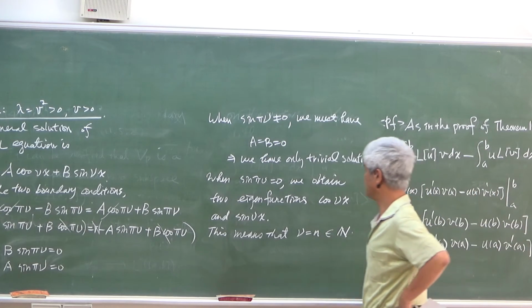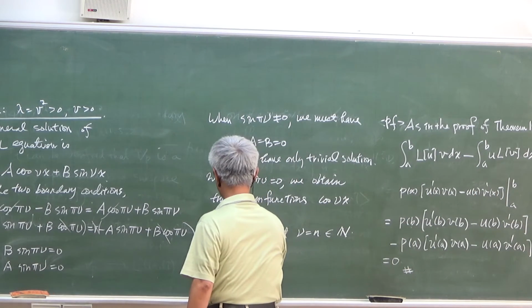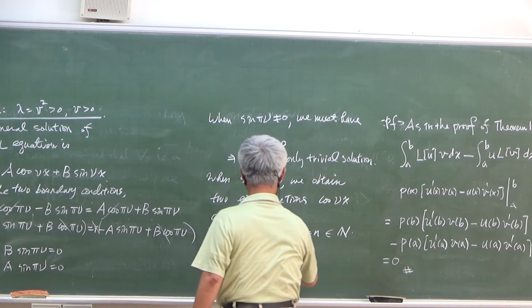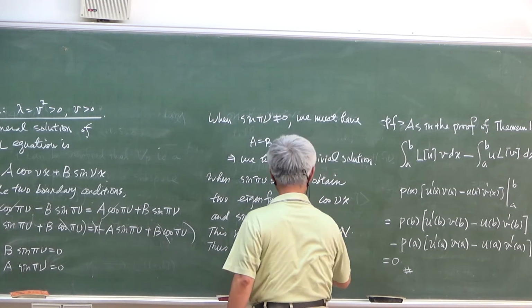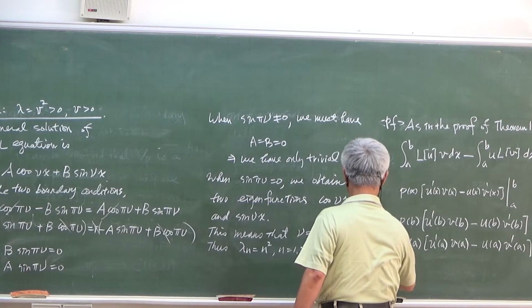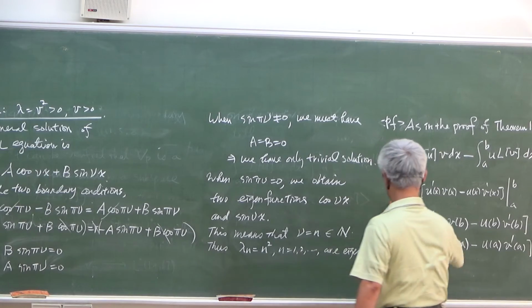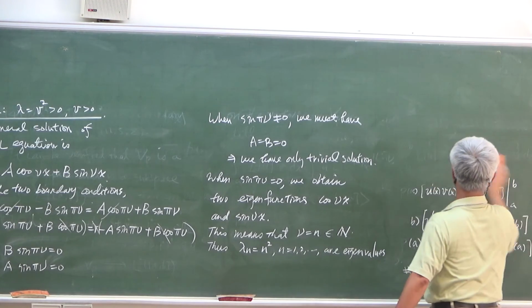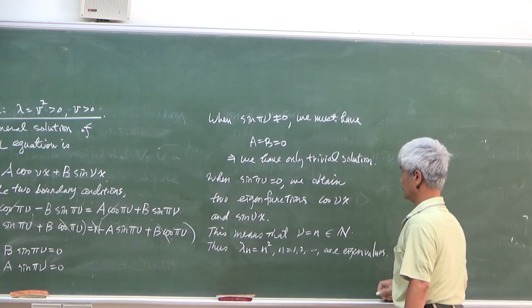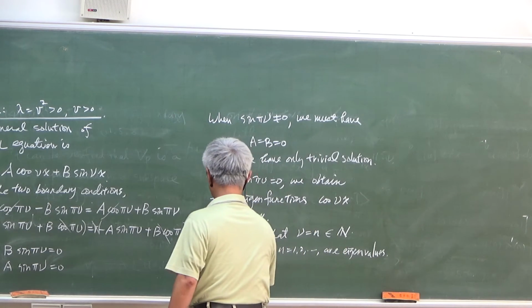So λn = n², for n from 1 to infinity, are the eigenvalues.